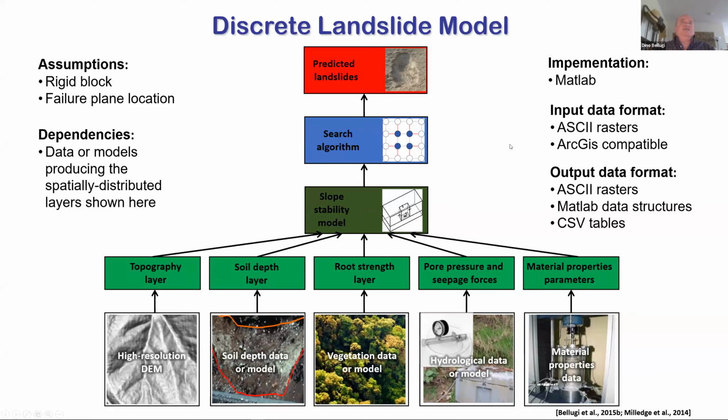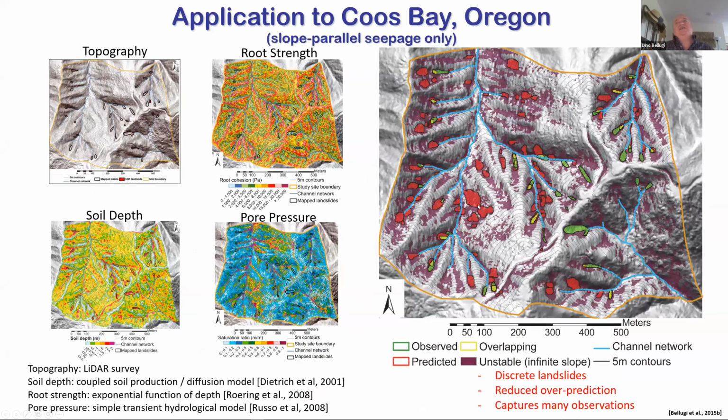We tested this model in a site near Coos Bay, Oregon, that was extensively studied for a period of 10 years and instrumented. As inputs, we used lidar-derived topography, soil depth that was a result of a regionally calibrated coupled soil production and diffusion model, and then root strength, which came from individual site measurements but then was modeled on the entire site as an exponential function of depth.